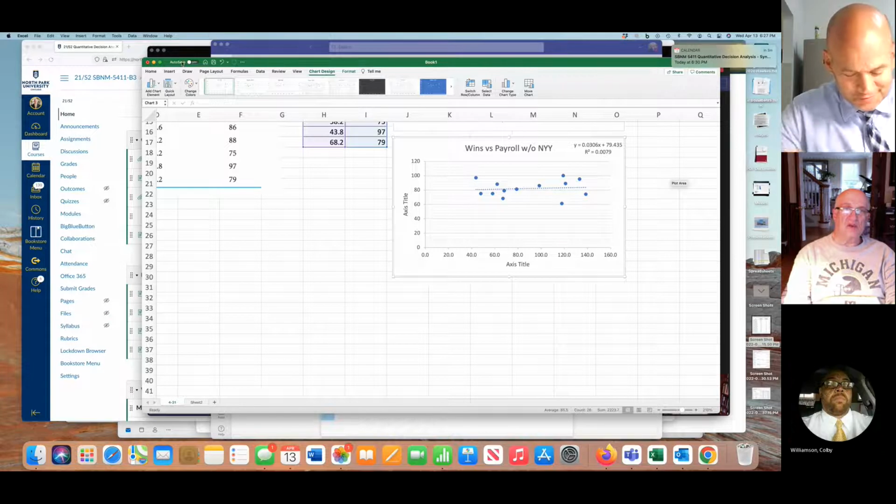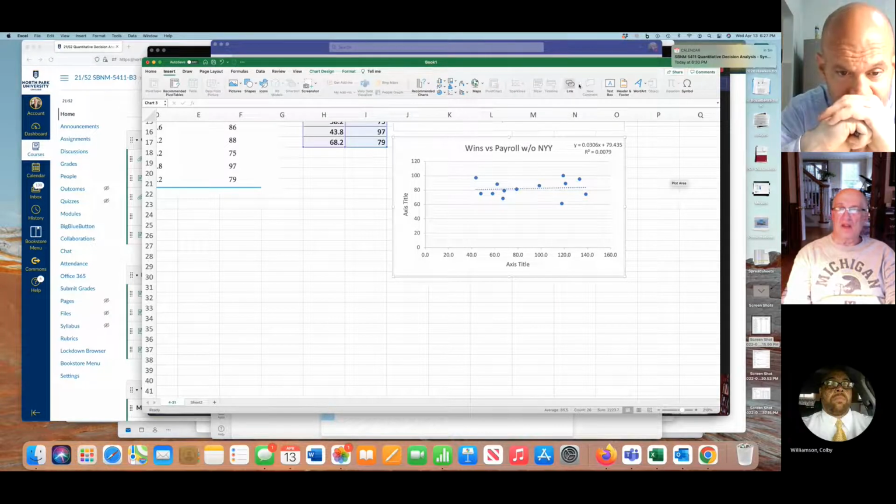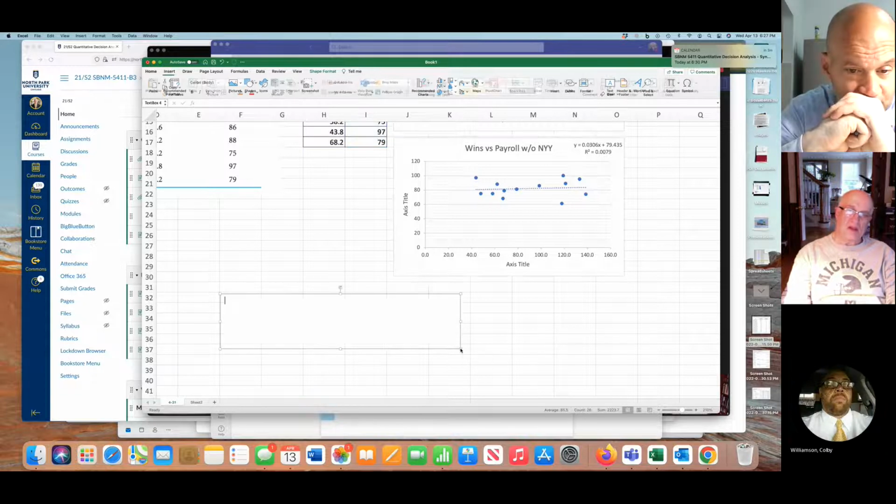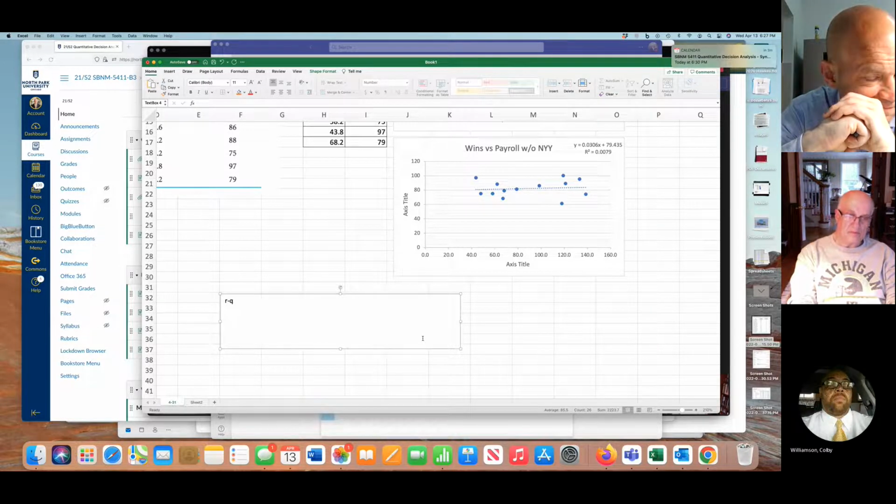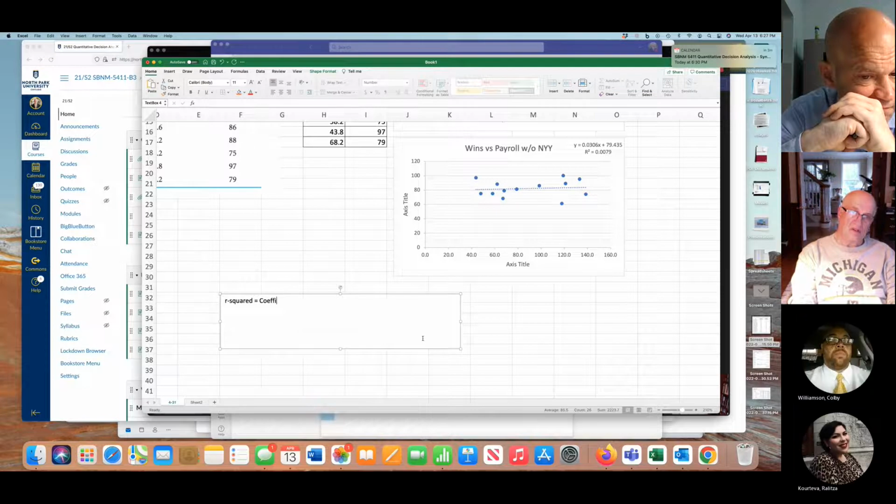All right. Let's say I want to insert a text box. And I would put R squared. Another term for it is coefficient, this will mean nothing to anybody, of determination. Determination, wow.